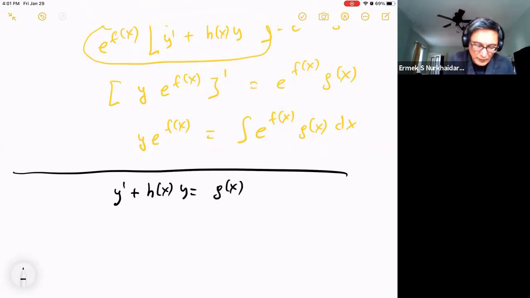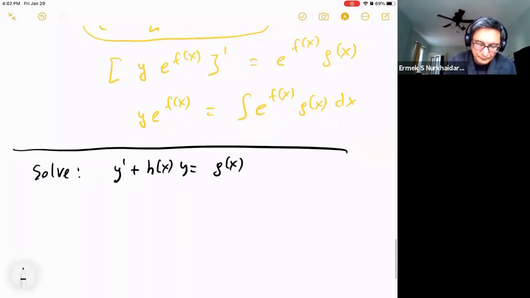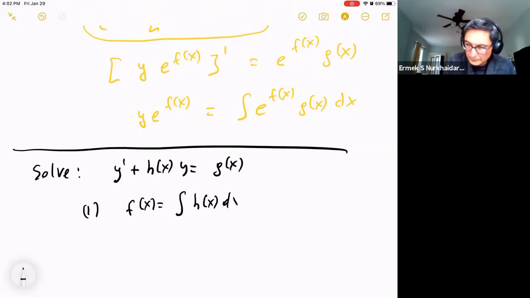That is given, and that's the one we need to solve. Then our steps. First step is to find f of x, which is going to be the antiderivative of h of x.